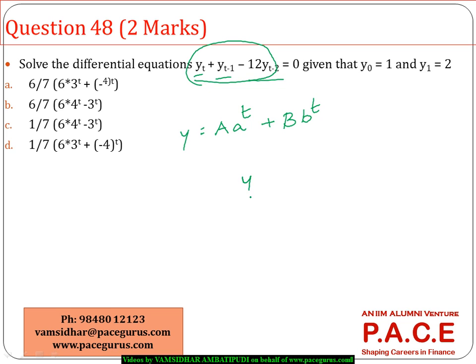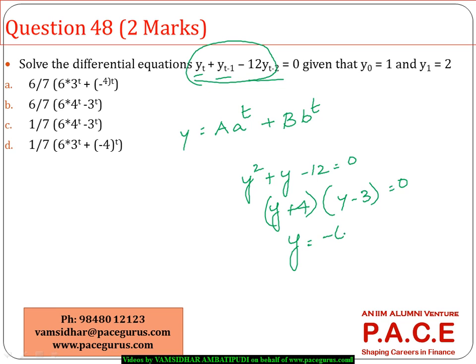So probably taking it as y squared plus y minus 12 equal to 0, whatever are the roots that we are getting, y plus 4 into y minus 3 equal to 0, working out to y equal to minus 4 or y equal to 3.